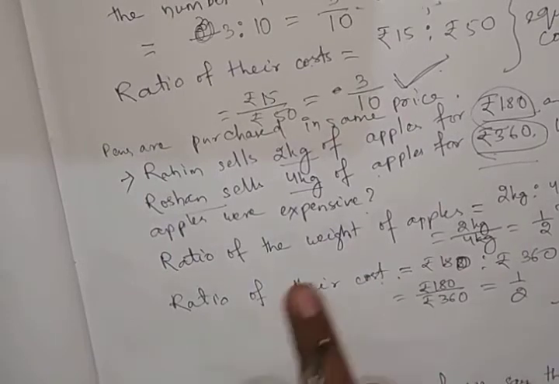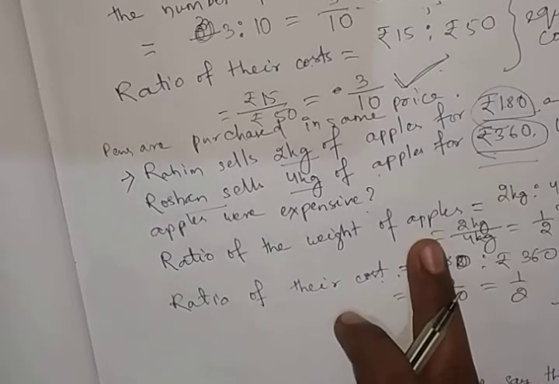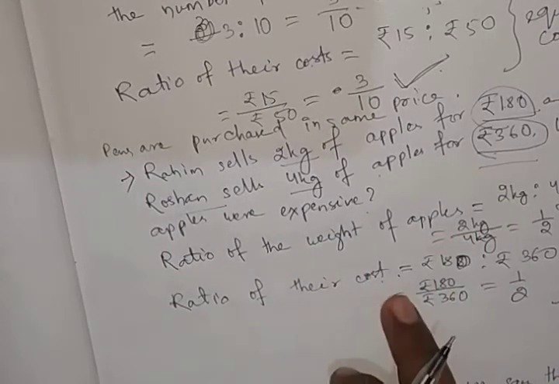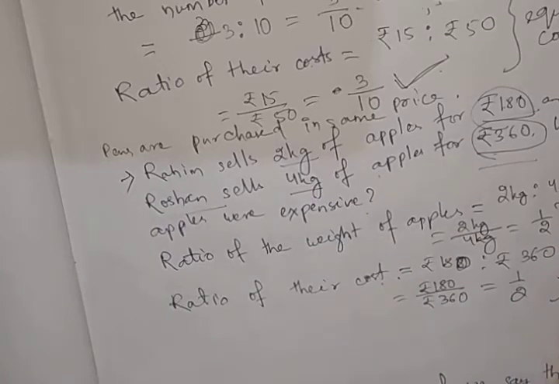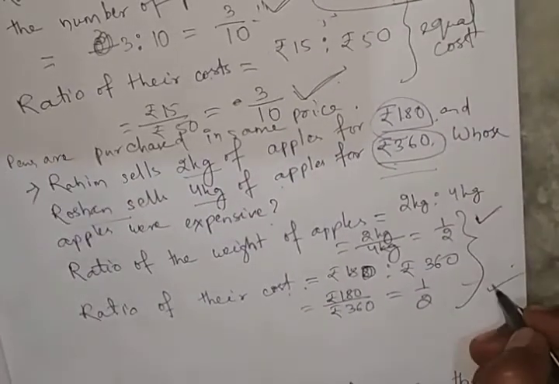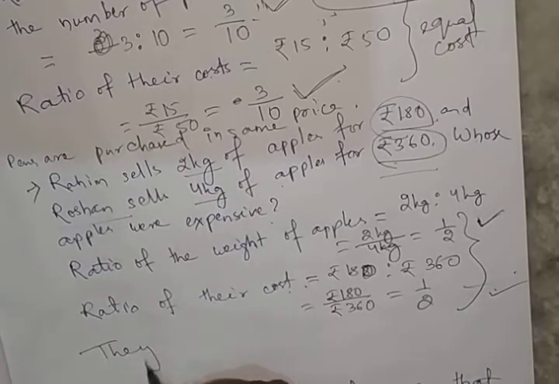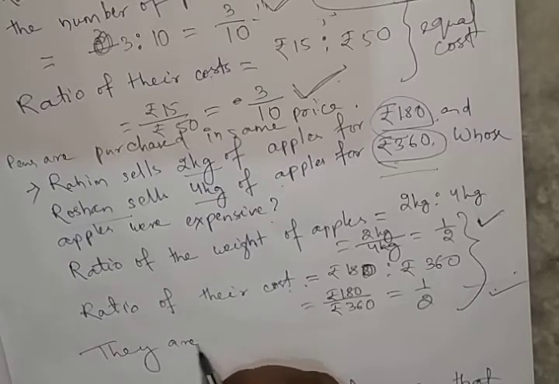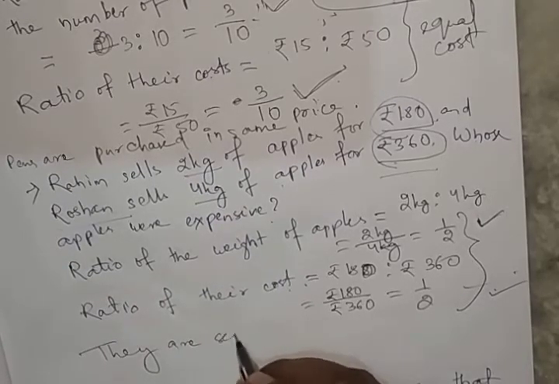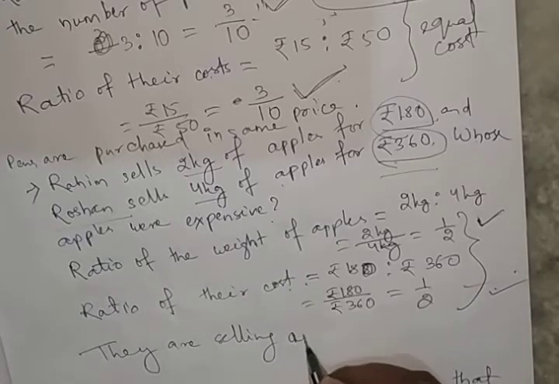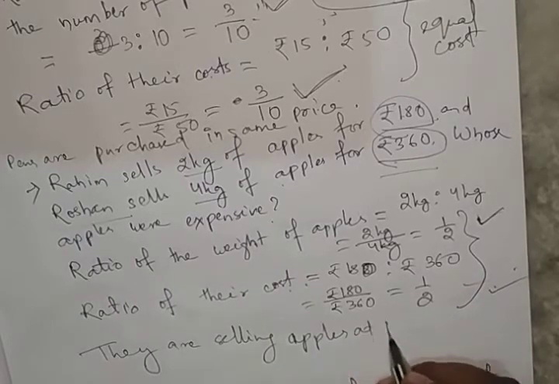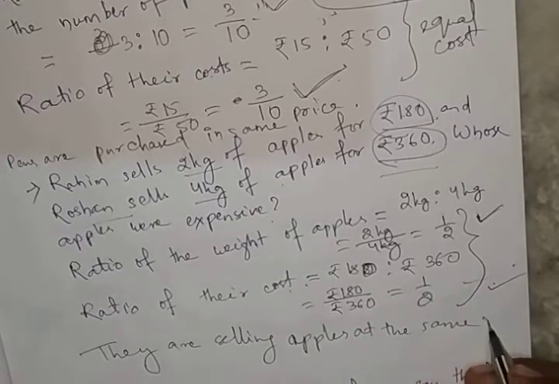Next, look here. The ratio of the weight of apples and the ratio of their cost are both equal. That's why Rahim and Roshan are both selling apples at the same rate.